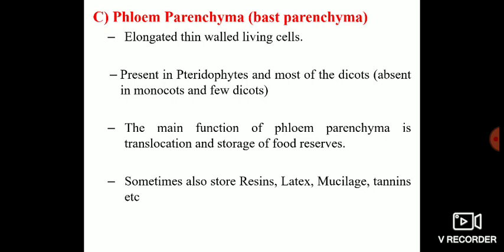But they are absent in monocots and a few dicots. The phloem parenchyma cells are present in pteridophytes and almost all the dicots, but they are absent in monocots and a few dicots. In monocots you have to remember they do not possess phloem parenchyma. They lack this cell type in their phloem.